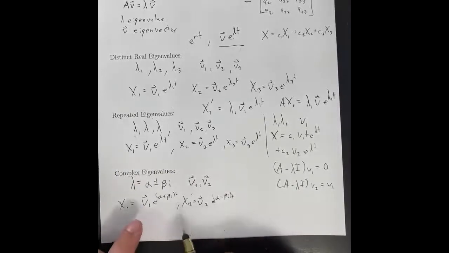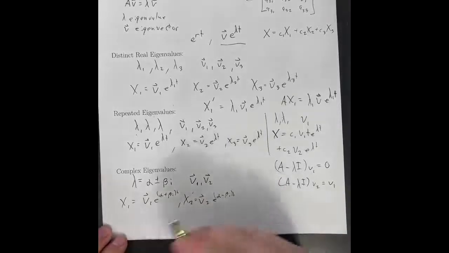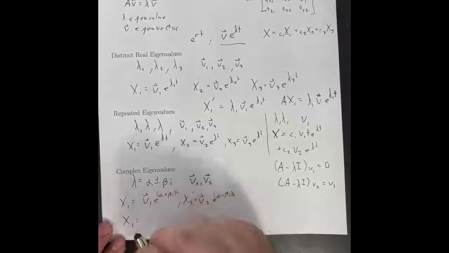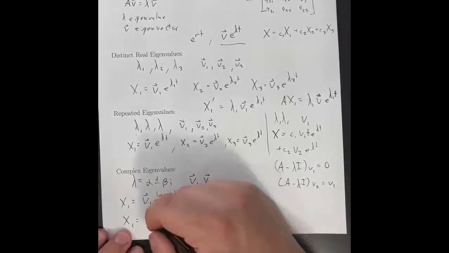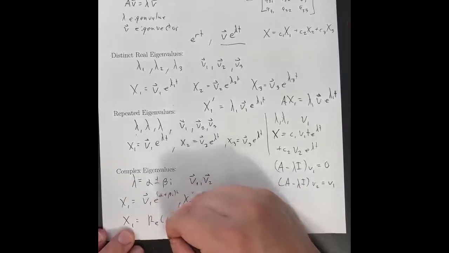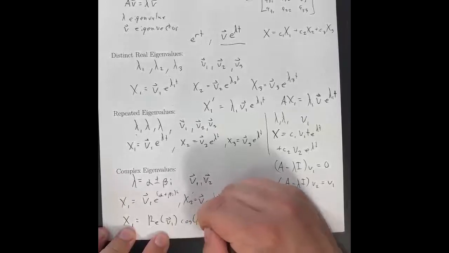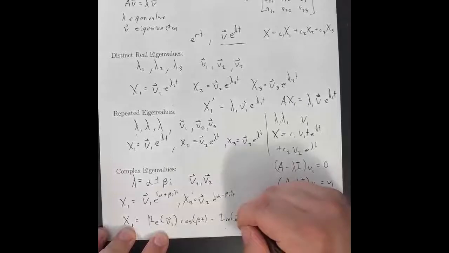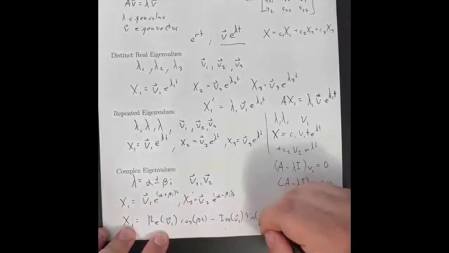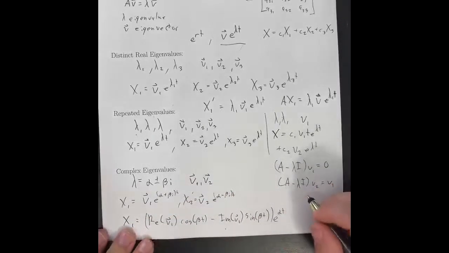In most applications, you really only care about the real part of this, so we can write this down in another way. We can write x1 as the real part of V1 times cosine beta t minus the imaginary part of V1 times sine of beta t, all of that times e to the alpha t.